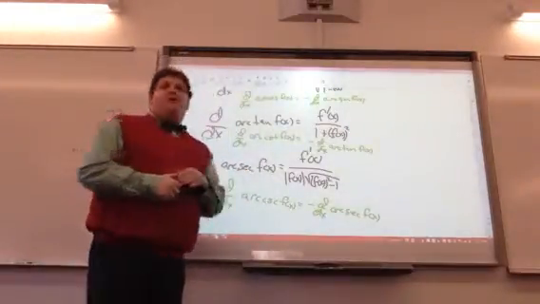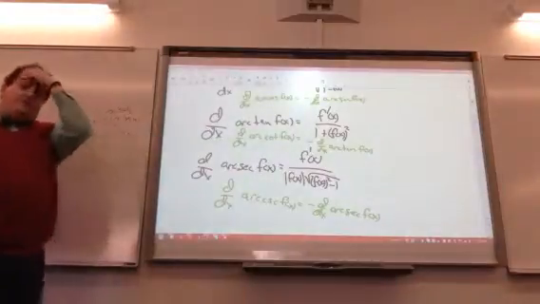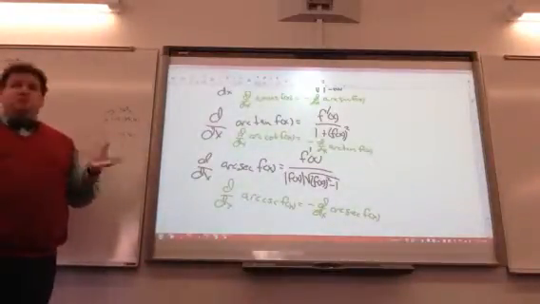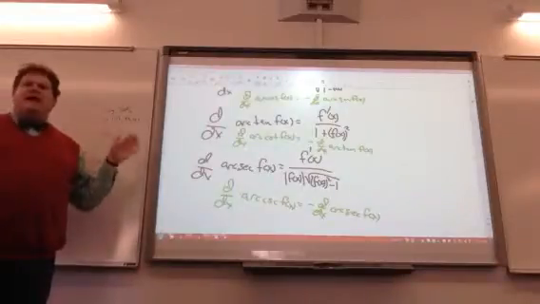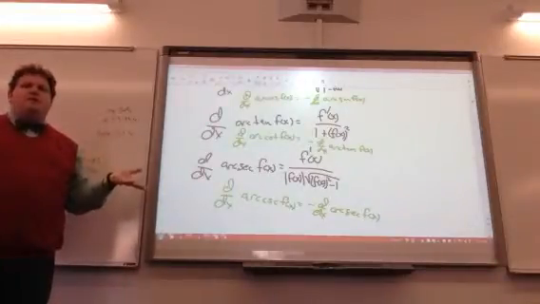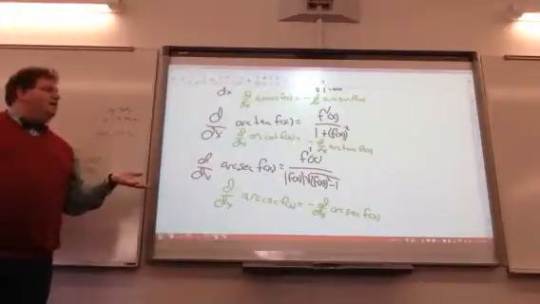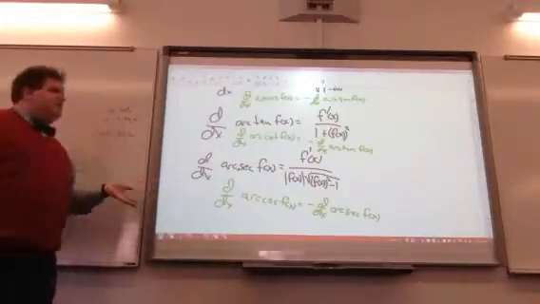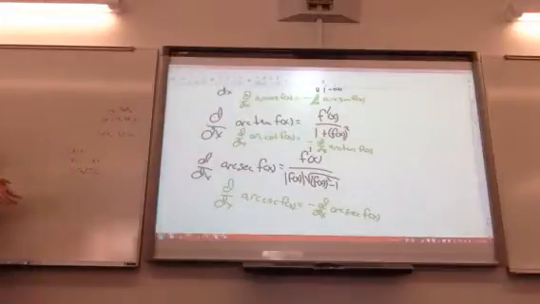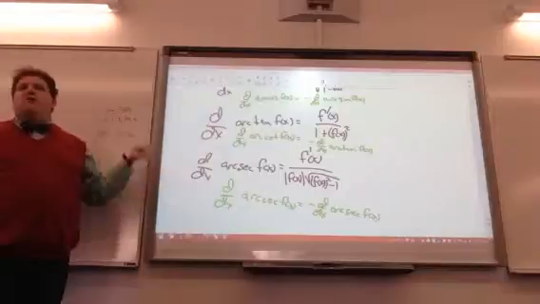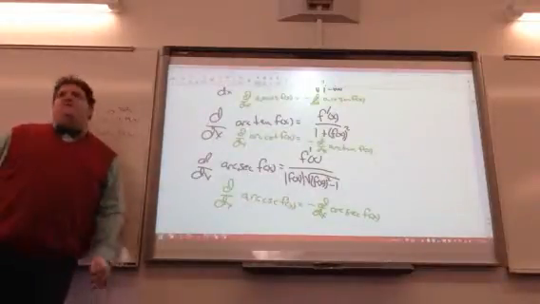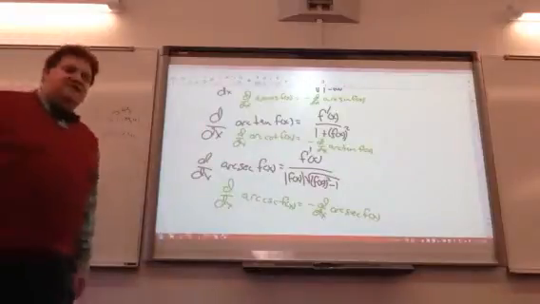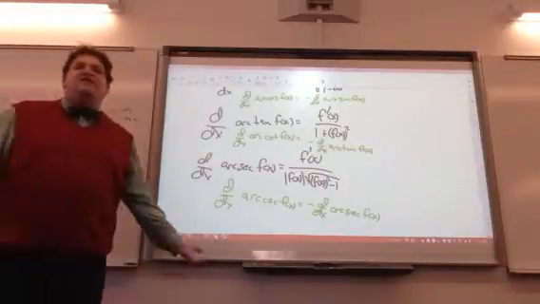The three I went over will be on the AP, usually in the multiple choice section. Sometimes, on very, very rare occasion, there'll be a problem involving the arc cosine on the AP. I don't think I've ever seen a problem on the AP test involving the arc cotangent or arc cosecant. And the likelihood you would see the arc cotangent is much greater than the arc cosecant. The arc cosecant is literally worthless. Cosecants themselves are kind of worthless.